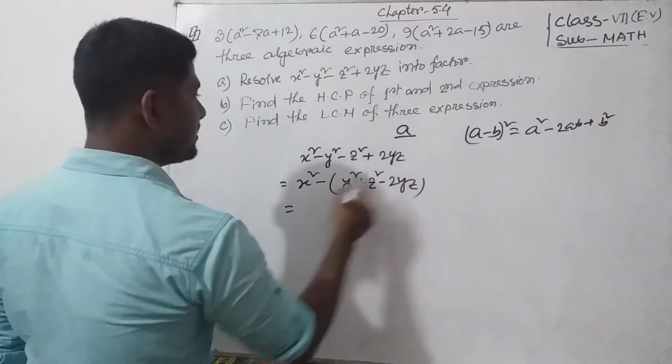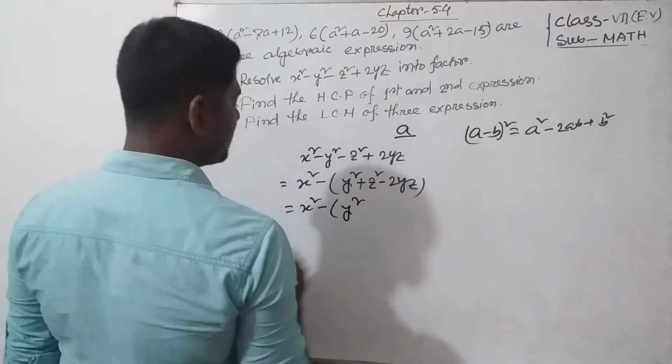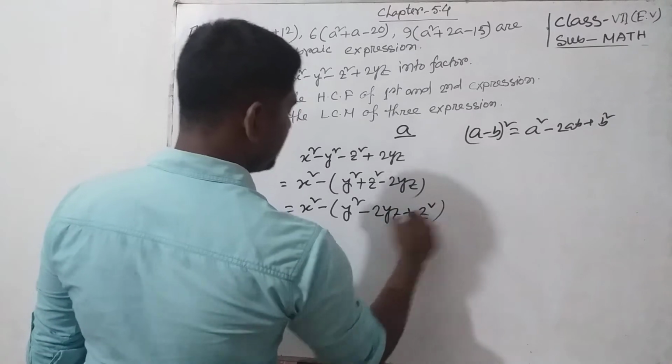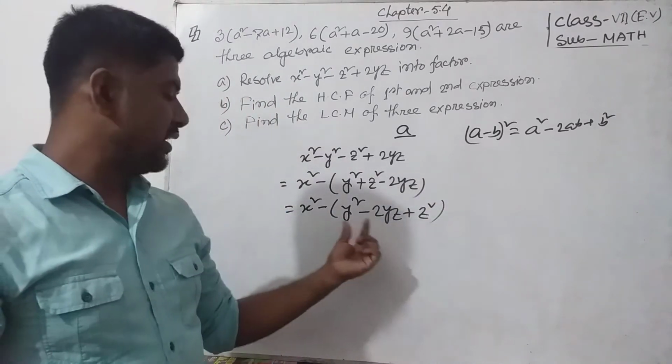Okay, now I arrange this term. We can arrange it y square minus 2yz plus z square.